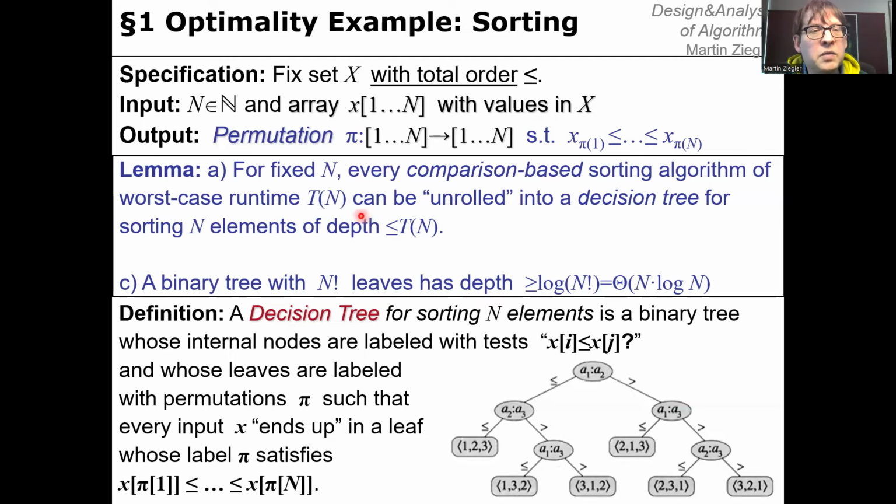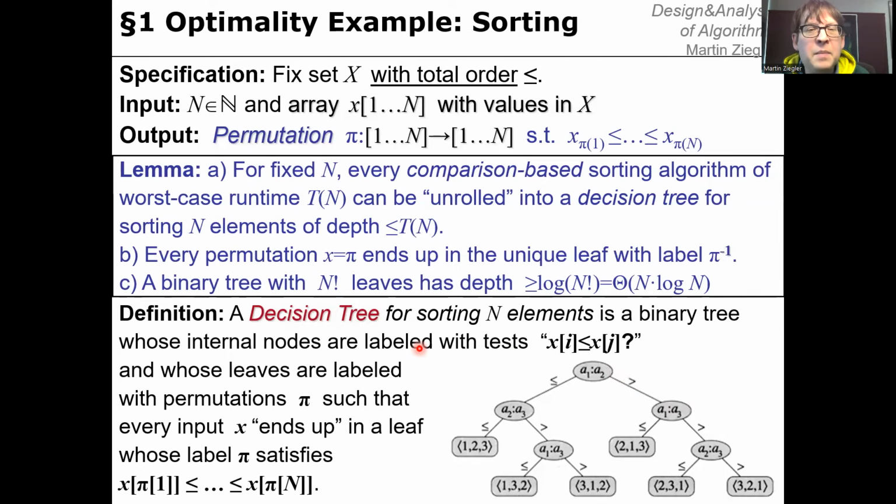And if the algorithm has running time t(n), then after at most t(n) levels, the algorithm will have terminated and output a permutation, and thus we will have reached the leaf and label that leaf with that permutation when converting a comparison-based algorithm into such a decision tree.